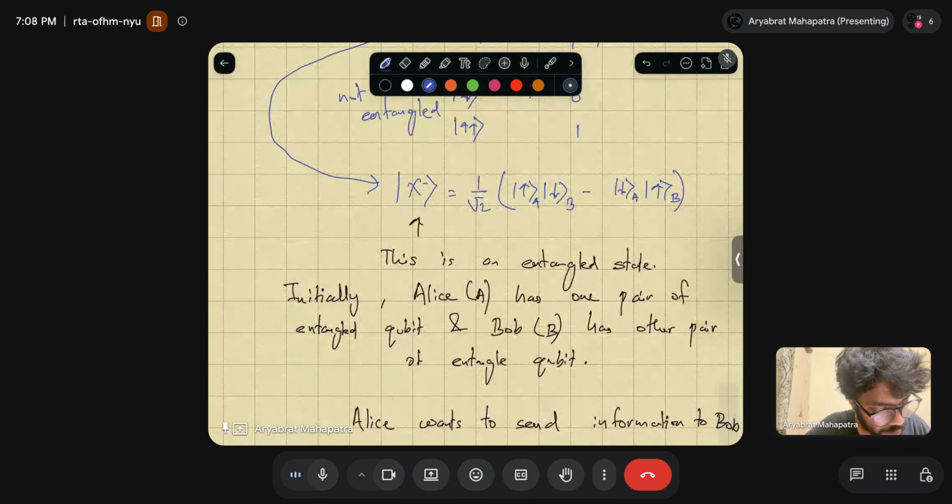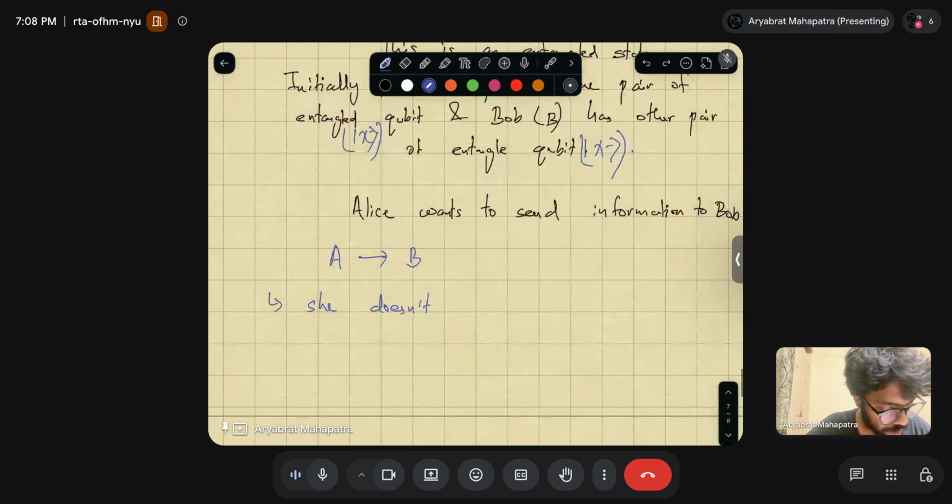Initially Alice has one pair of entangled qubit, of this chi minus state, and this is also the chi minus state. As I said, Alice should have either this or this, and Bob should have either this or this.